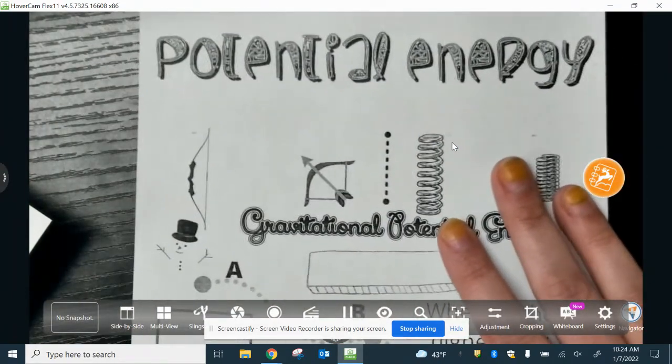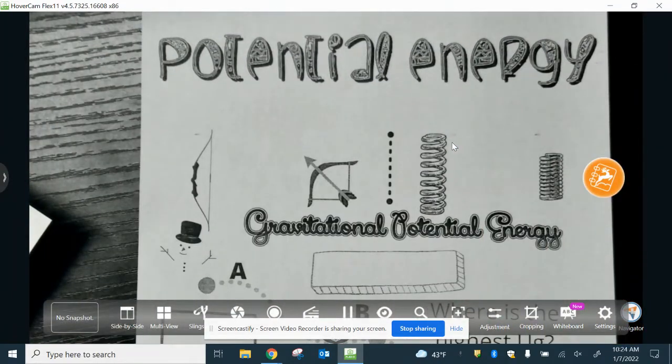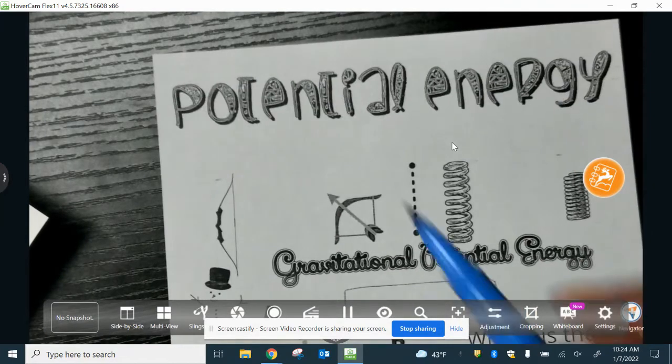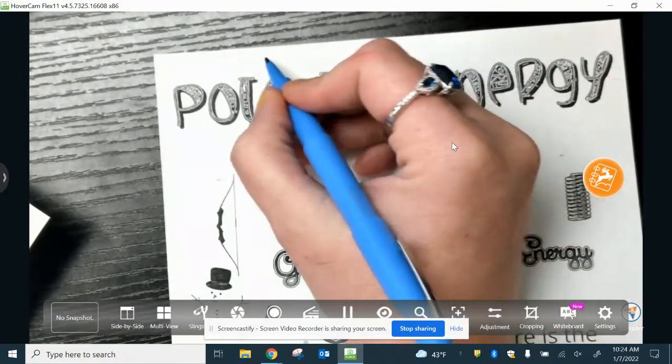Right, so today we're discussing potential energy, and we did a discovery lab over it yesterday. But in a nutshell, potential energy is the potential to do work.